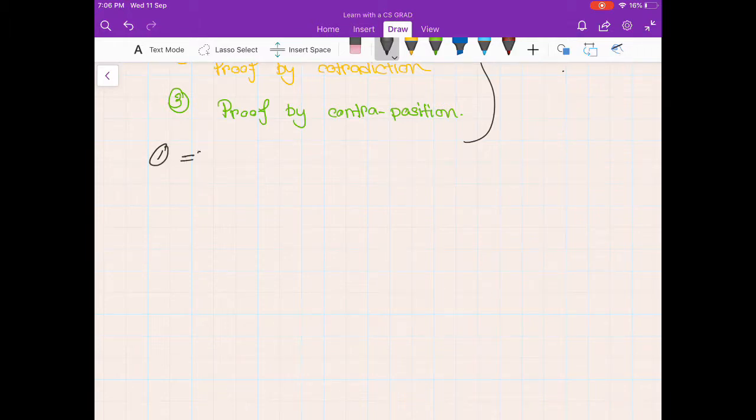In the direct proof method, I guess you can understand it by the name. You go directly with the information that you have. You try to prove the statement or come to a conclusion. Suppose someone says n plus 2 equals 6 if n is 1.